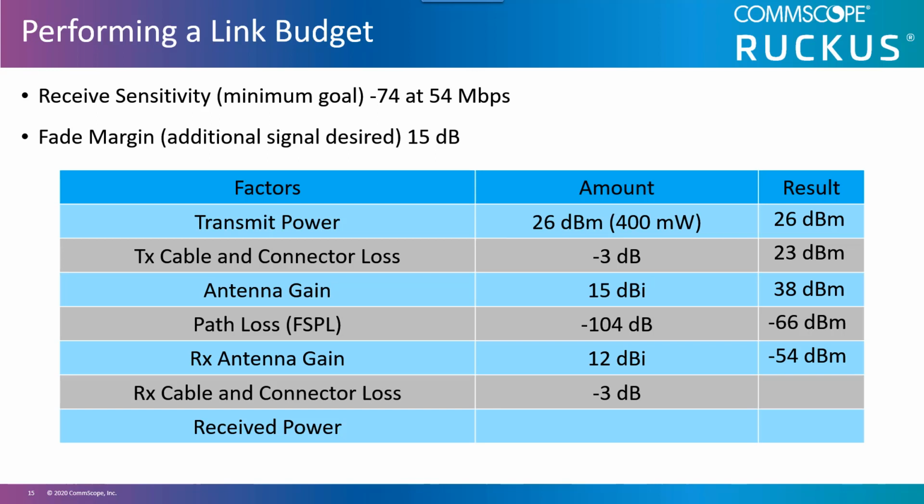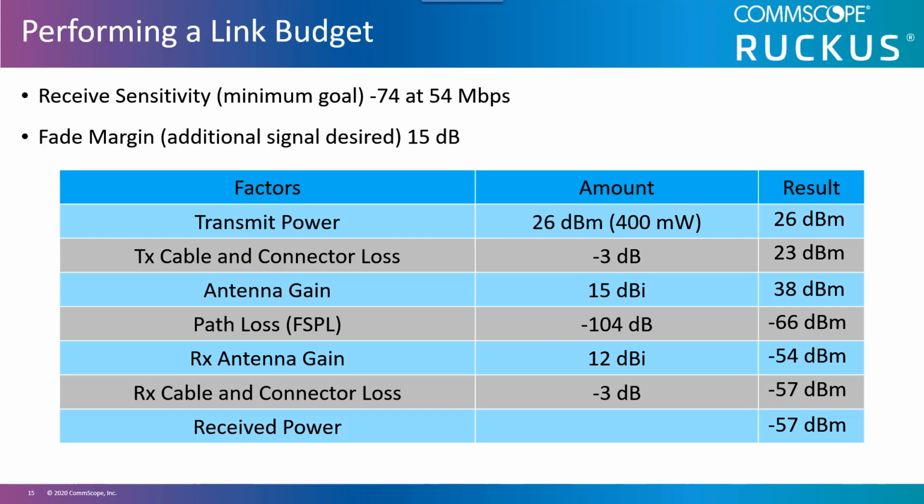Once our receive signal traverses the receive side cables and connectors, we lose another 3 dB for a received signal strength level of negative 57 dBm, which is a very usable signal strength given that location tracking would work at negative 62. Now, these power levels may or may not be legal within a given regulatory domain. This is just an example of how to calculate the budget.